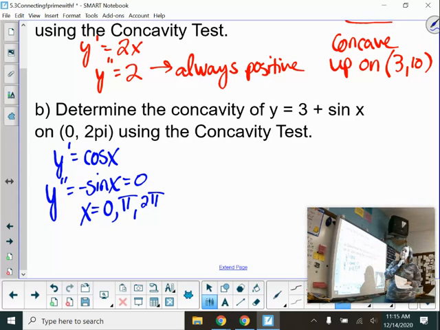Well, 0 and 2 pi are my boundaries, so I'm not worried about what's happening before 0 or after 2 pi. But whenever I do my number line, I am going to consider those.